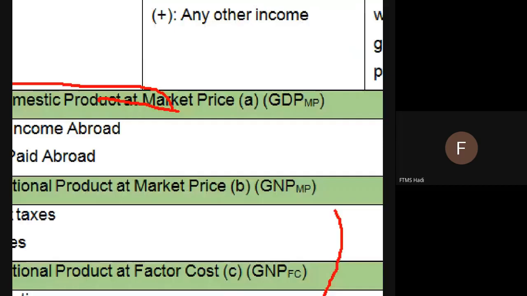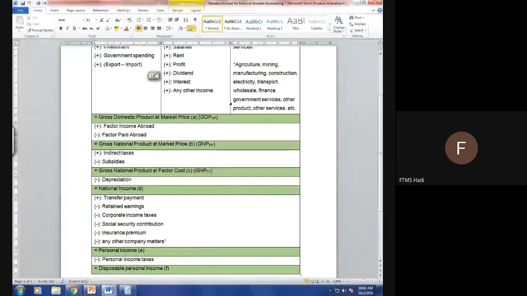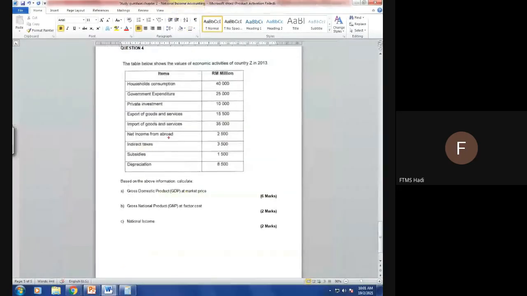So you see, net income from abroad, indirect taxes, subsidies, depreciation, you exclude first, because you have here consumption, expenditure, investment, export and import. So this one is definitely the above side, to calculate GDP at market price. Okay, so it's a straightforward question also.